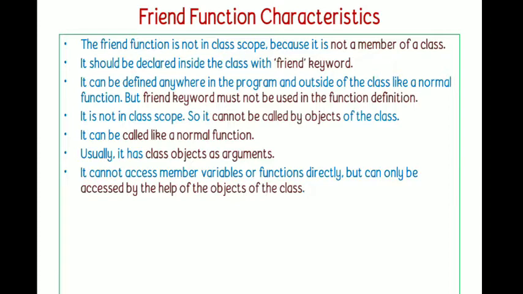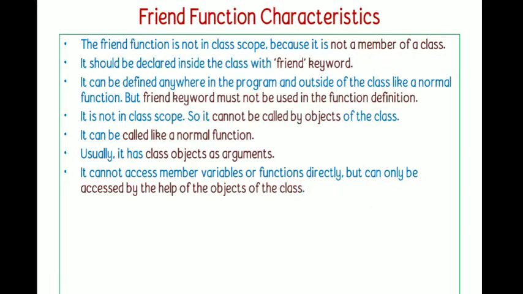Then the class objects are used as arguments. So the arguments of this function are class objects. So we have to pass the objects of the class as arguments for this function. The next is cannot access member variable or functions directly.